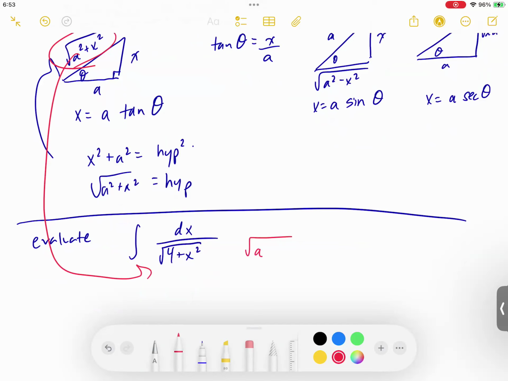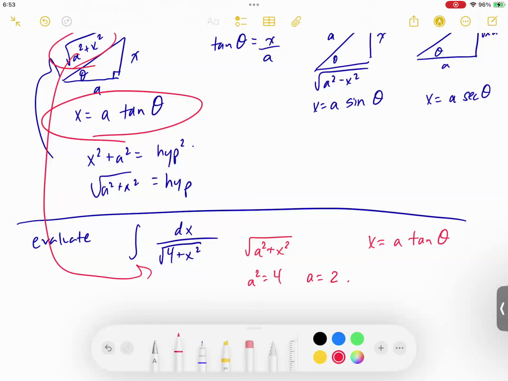In the denominator, x squared is there, a squared here in our case is 4. So a will be 2. So you're going to use the substitution x equals a tangent theta. And a we saw is 2, so we're going to use x equals 2 tangent theta.